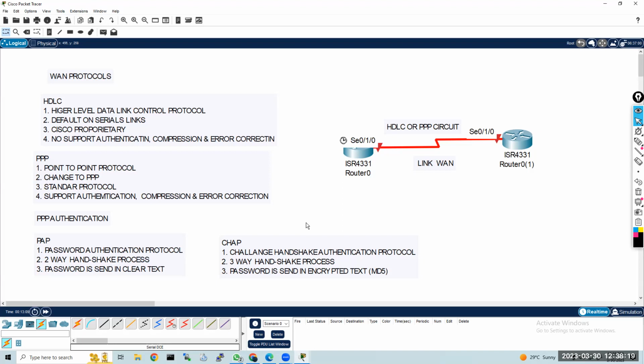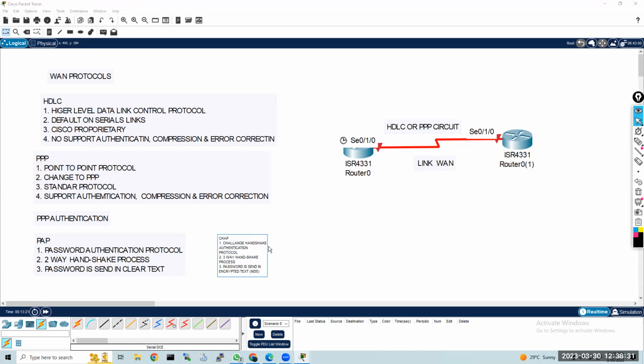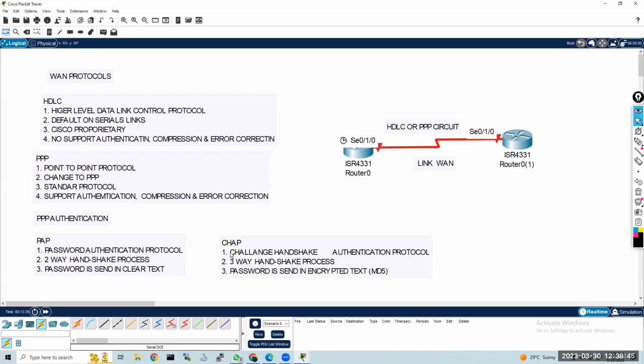Then I'll explain the difference between Password Authentication Protocol and Challenge Handshake Authentication Protocol.